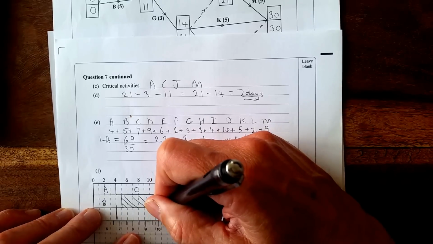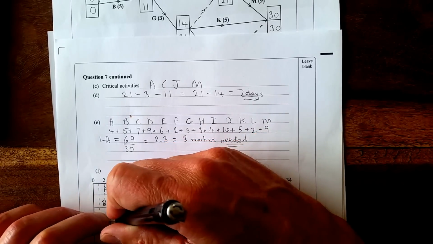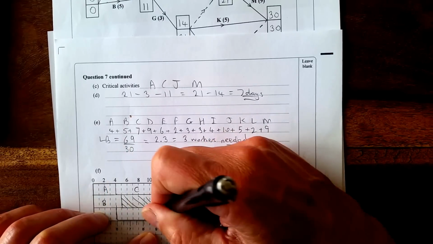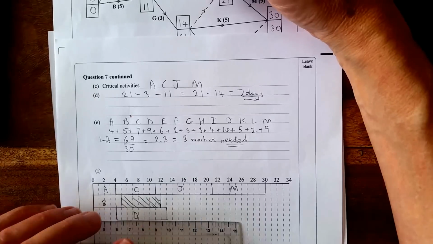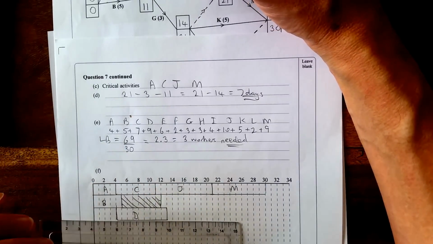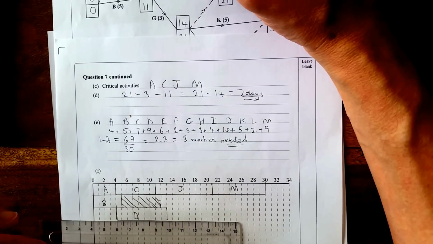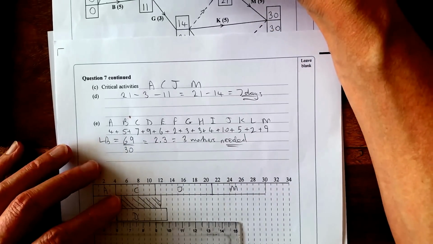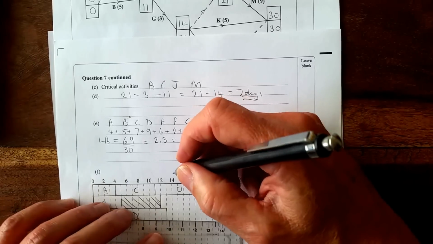So we'll go to there. That's D. And if you have a look at the float, you can see it can go up to 15.